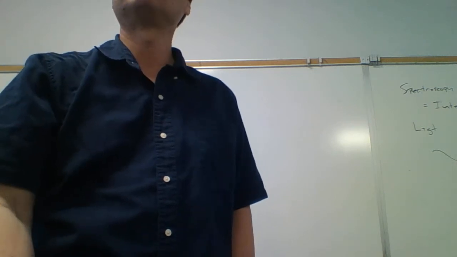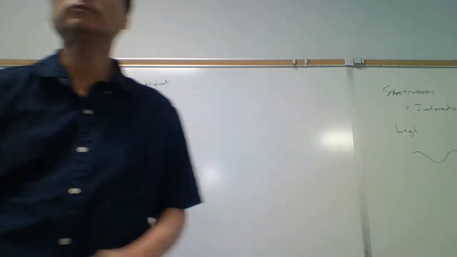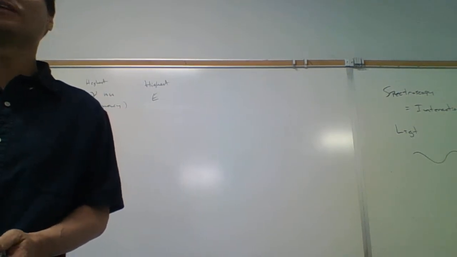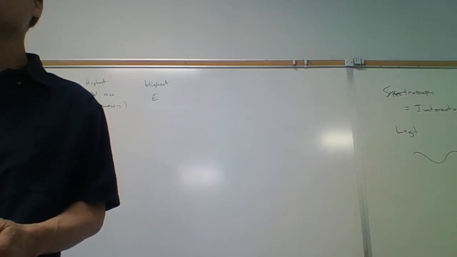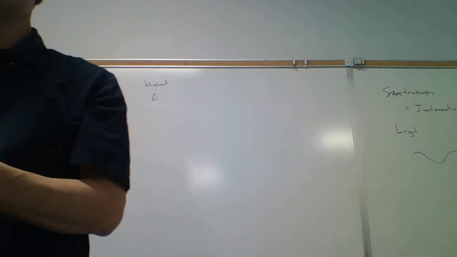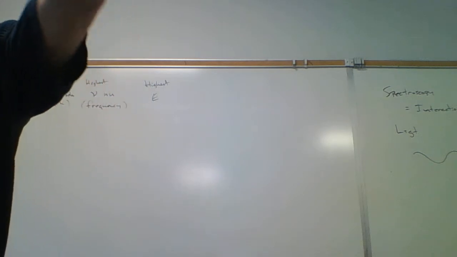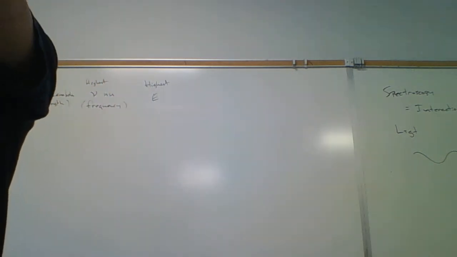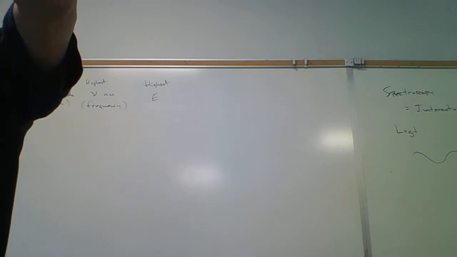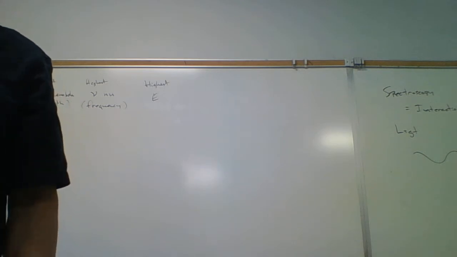What's going to happen? You know what's going to happen? The electrons are going to get too excited. The field comes in, it's like waves, and the electrons are like little boats floating on the surface of the waves. But if these waves are too fast, too violent, the electrons are going to start oscillating like this, and they're going to get knocked off the atoms.